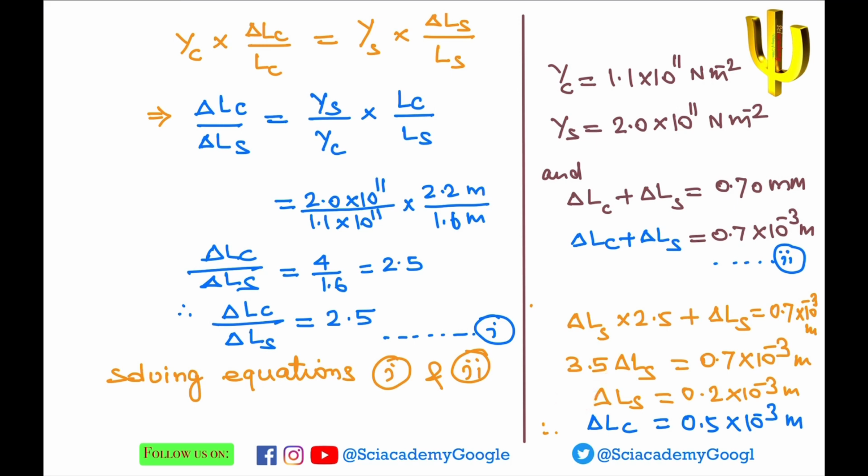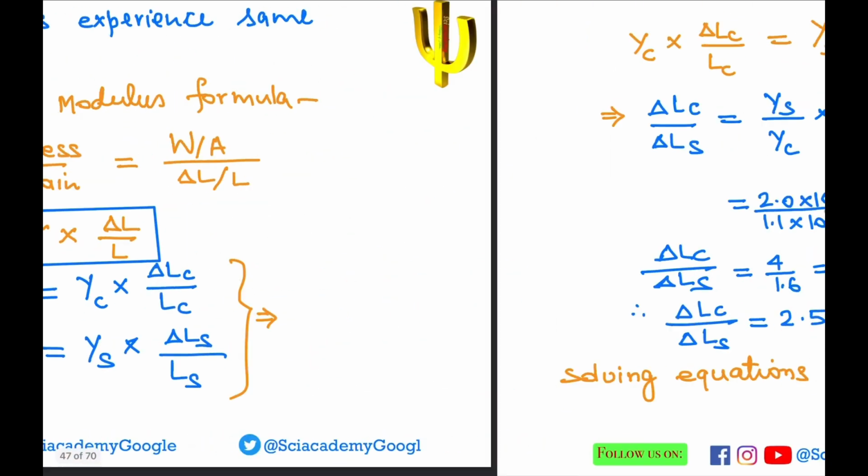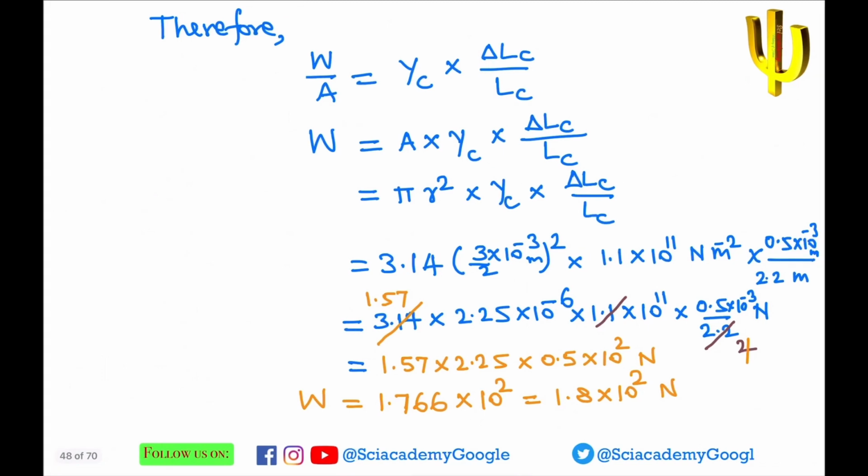Now we will calculate the value of W. We already know delta LS and delta LC, so we calculate W from this equation. W is equal to area of cross section into Young's modulus of the copper into delta LC by LC.